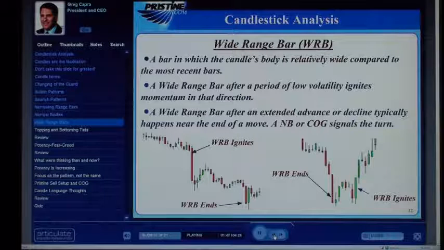Why is that? Because as prices are moving down, for example, over an extended period of time, initially you have buyers stepping up. They're not so sure that prices are really going to go down. And as prices continue to move down continuously, eventually more and more traders begin to believe in the prevailing trend.